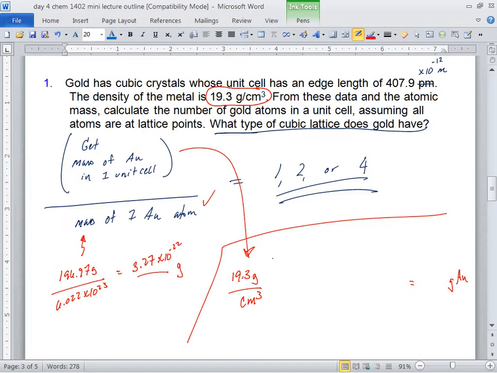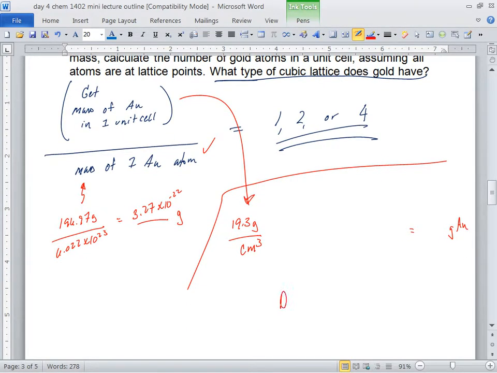Yeah, we can do what Anessa is saying. You can say D equals M over V, and then solve for M. That works, but that's kind of what I'm doing up here. It'll be the same thing. You can get M equals D times V, which is what we're doing.